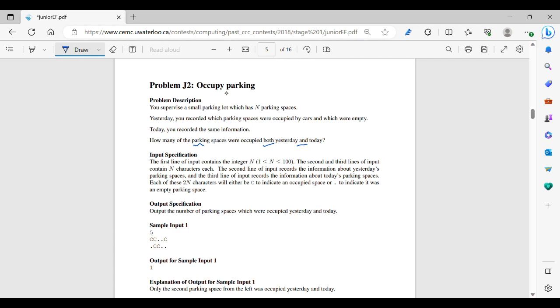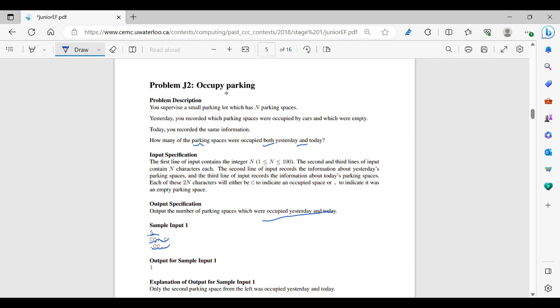So, the first line is the integer n. In sample input 1, it's 5. And then the second and third lines contain n letters each. In this case, it's also 5. So we're trying to figure out the number of spaces that were occupied yesterday and today.